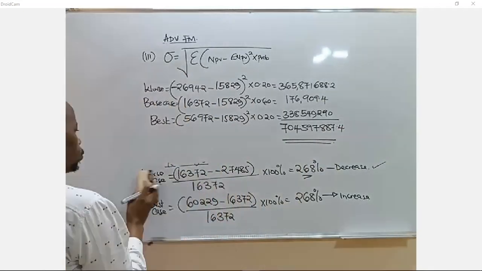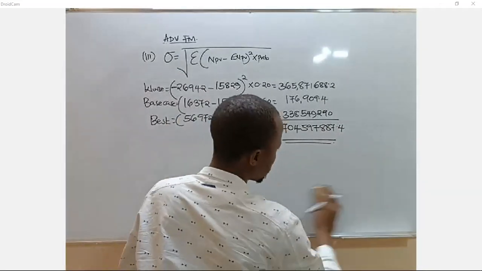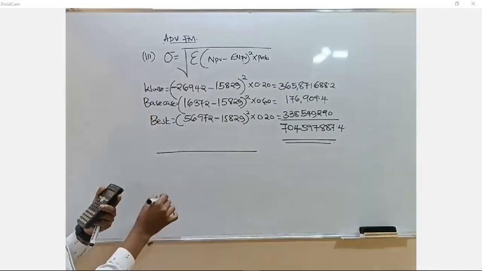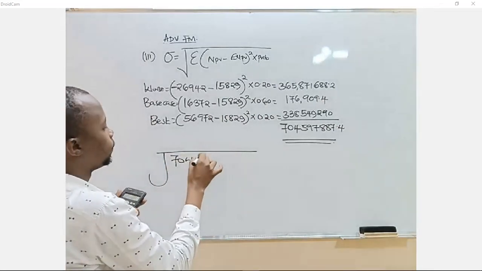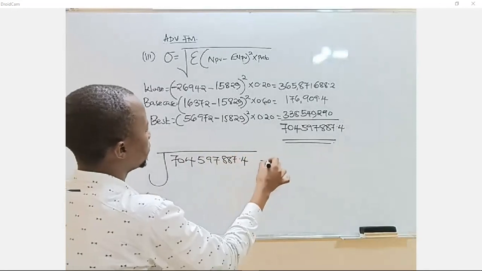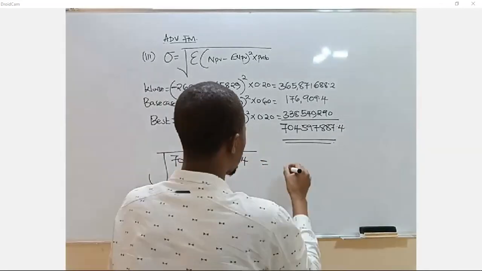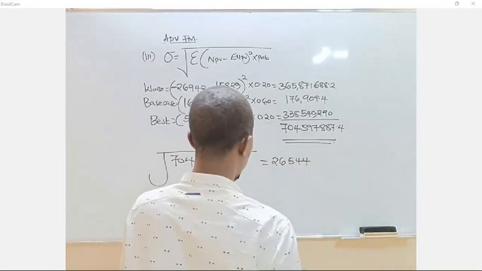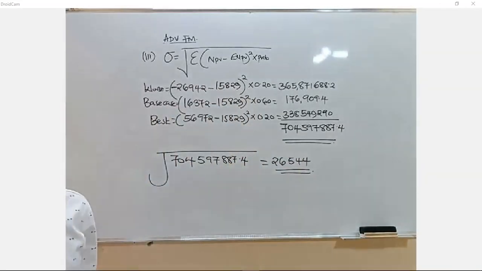Nikuja hapa nachukua the root of it. So the root itakuwa namna gani? It will be looking like this. The root of 704,597,887.4. Nitapata ngapi standard deviation? So standard deviation should be 26,544.444. Lilian, tuko pamoja mpaka hapo?